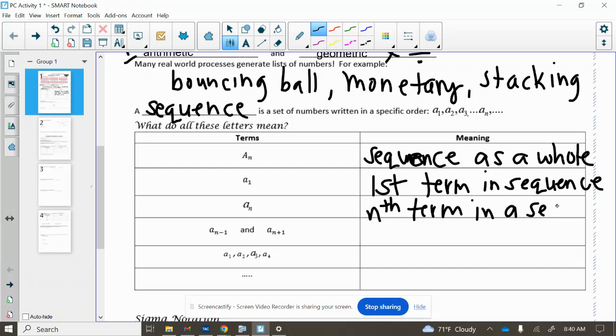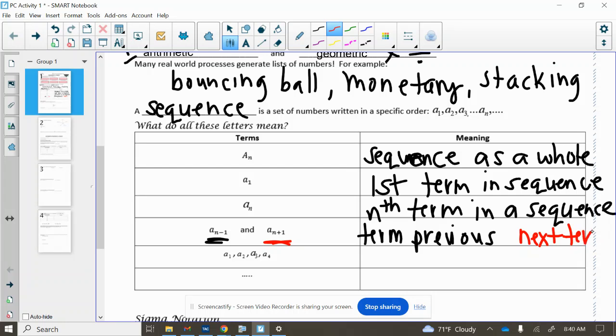That might be term 100, term number 205, but the nth term would be like the 101st term, something general. A sub n minus 1 means the term previous or before our current term, the A sub n term. A sub n plus 1 means the next term.